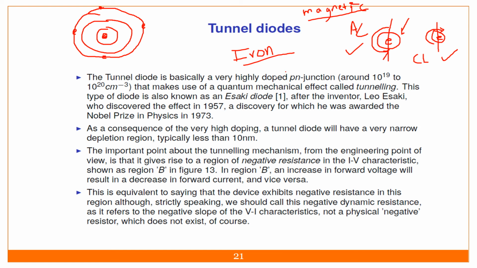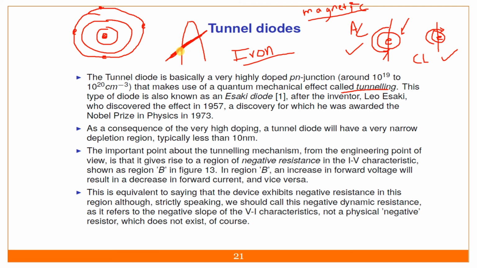Are you getting what I'm trying to say? So the quantum mechanical effect will happen, and due to which tunneling occurs. The tunnel is nothing but a short hole. Suppose this is my mountain. We are tunneling through it, forming a small tunnel.